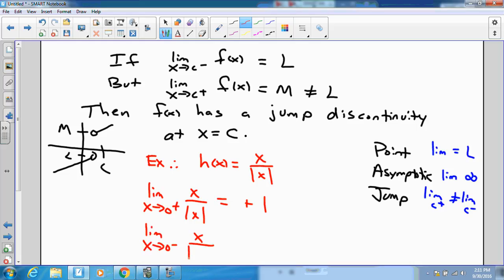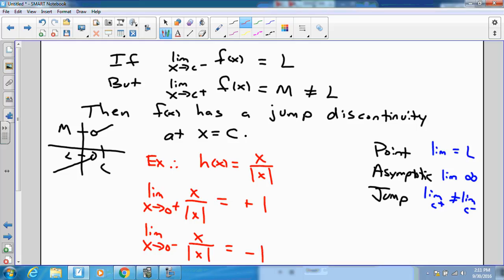What happens if I take a negative number? You saw this coming, didn't you? Exactly. If I take, for example, negative 0.001, take the absolute value, 0.001, divide, you get negative 1.